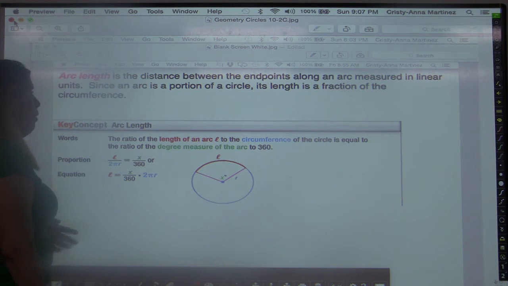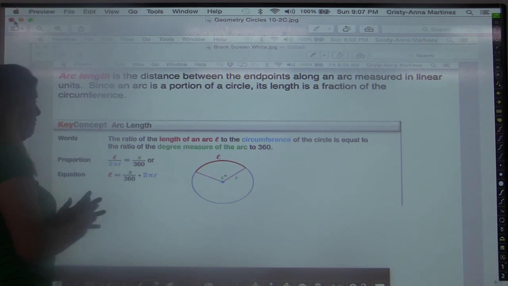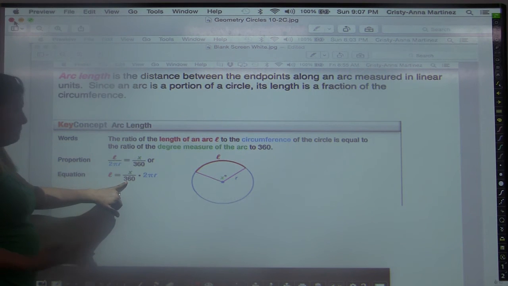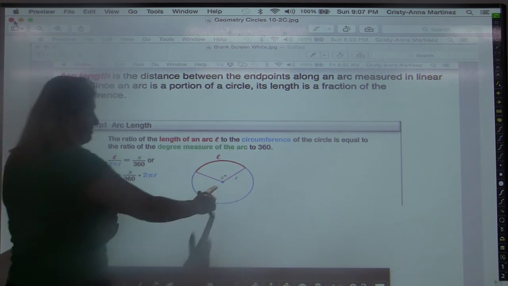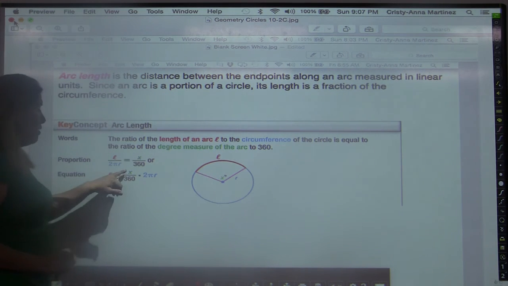And so what's happening is we're taking the fraction of the whole that you actually have, which is what you see here, x over 360. For example, if I had 180 as my x value here, just pretend that this was 180, then that would be 180 over 360, which is 1/2.